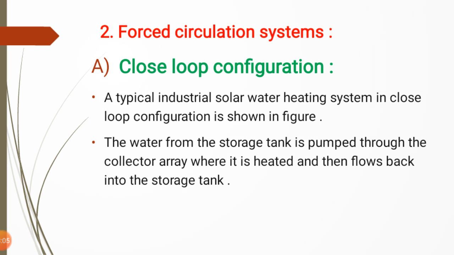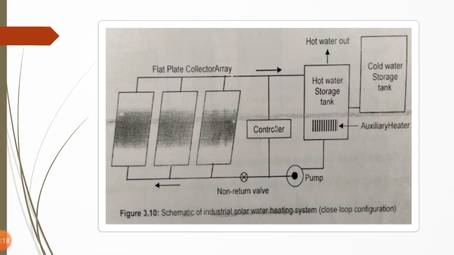So the principle is very simple. The water from the storage tank is pumped through the collector array, where it is heated and then flows back into the storage tank. That means there is a storage tank in which the cold water is present, and this cold water is pumped through the flat plate collector array, which is used for heating that water.